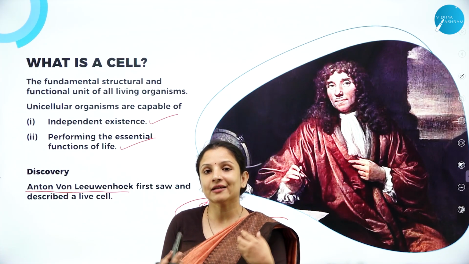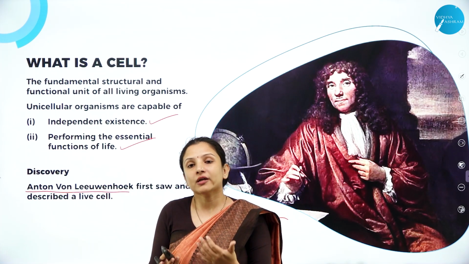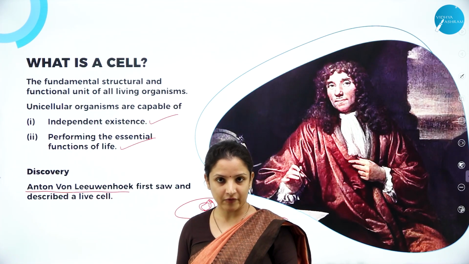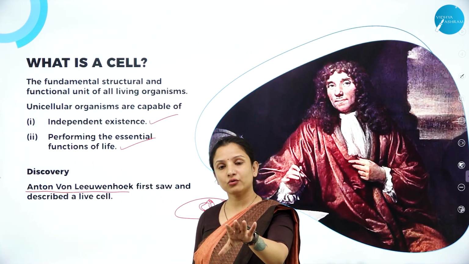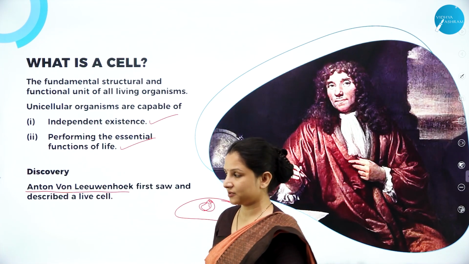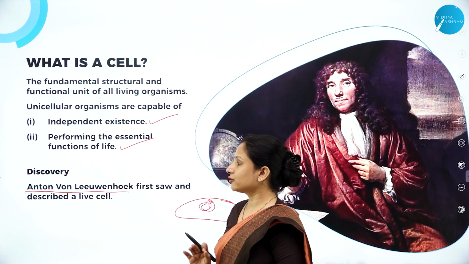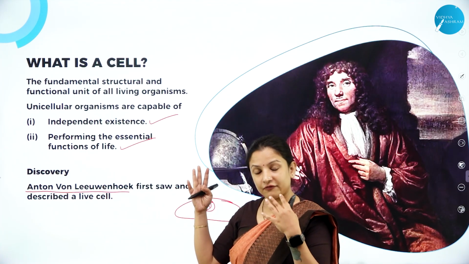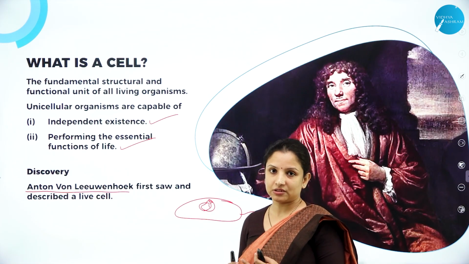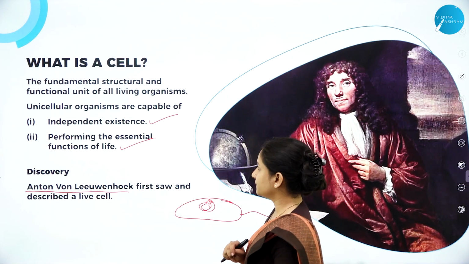So he couldn't find the internal structure of the cell, or what organelles are inside the cell. But he got to know that in all living organisms there is something called a cell. He was the first scientist who described a live cell. So this can come for an MCQ.